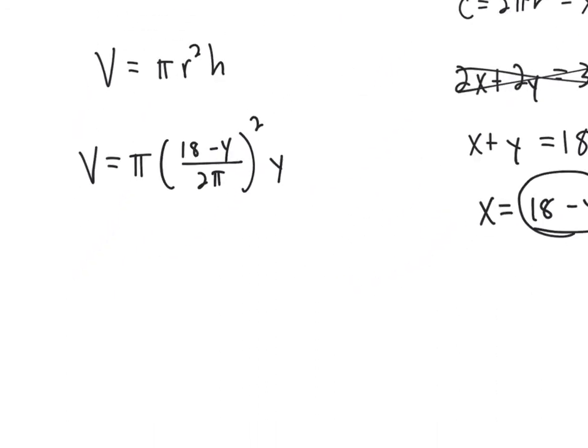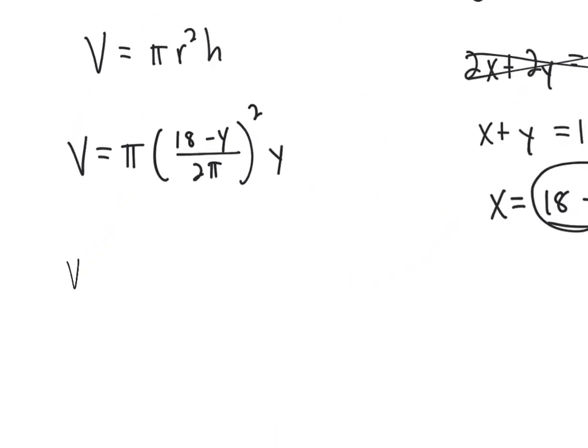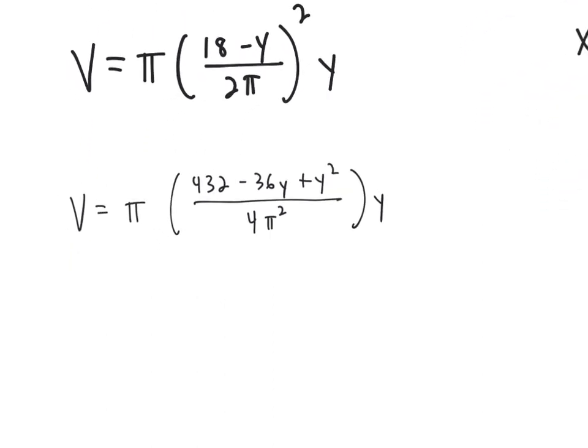Okay, so let's simplify this. If we square the top, we get 18 squared, which is 324.